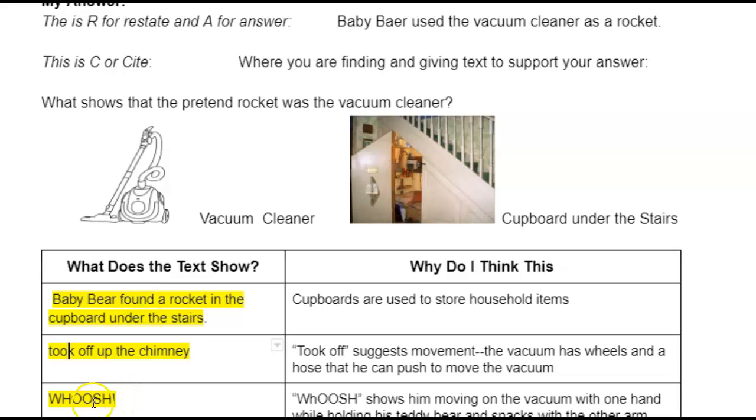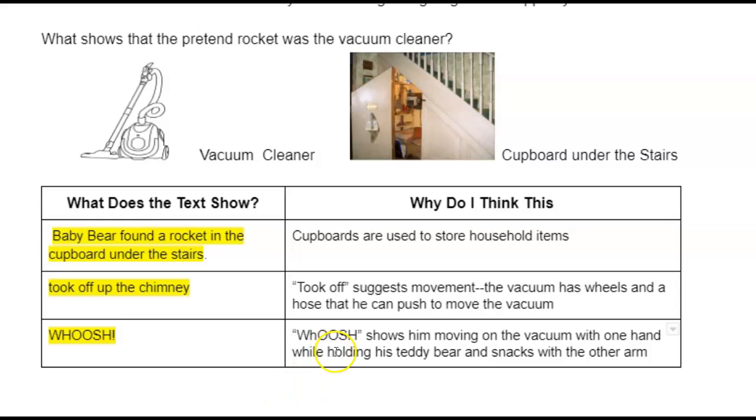And then when I hear the word whoosh, that shows him moving on the vacuum. But then I ask myself, well, how can he move on the vacuum cleaner? Well, if he's a kid, he's probably standing up on this part here, and he's using this with one hand to push while he has the other hand holding his teddy bear and his snacks.